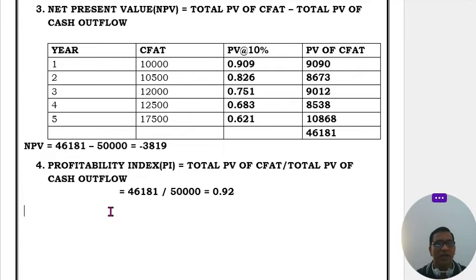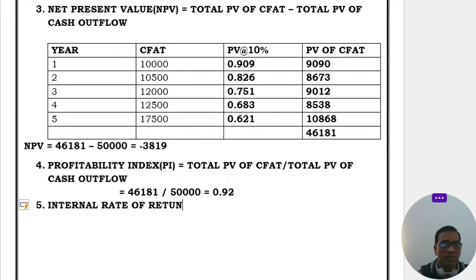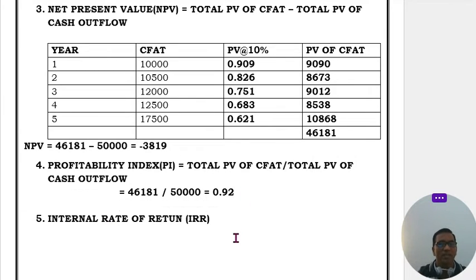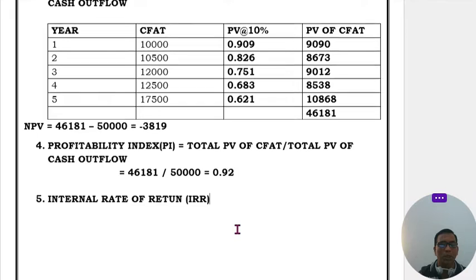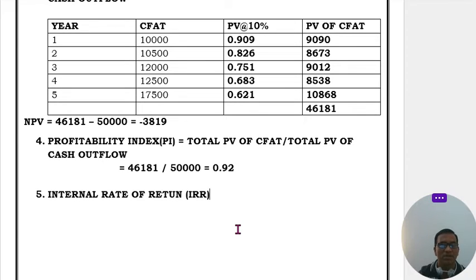Already you have an NPV at the rate of 10%, so we need one more NPV. First of all, the IRR method, internal rate of return. To apply the IRR formula, we need two NPVs.